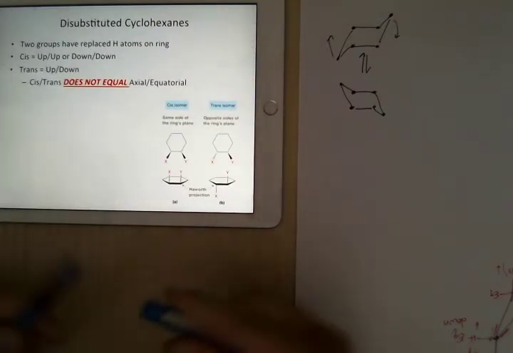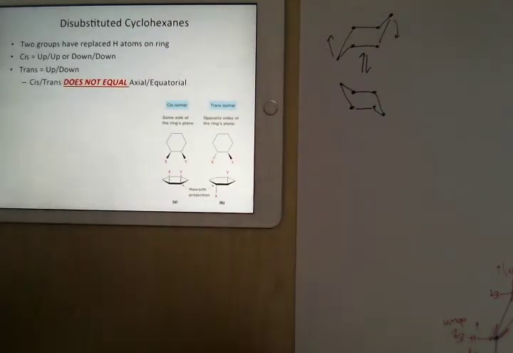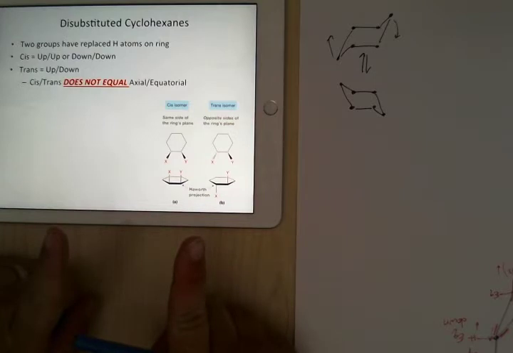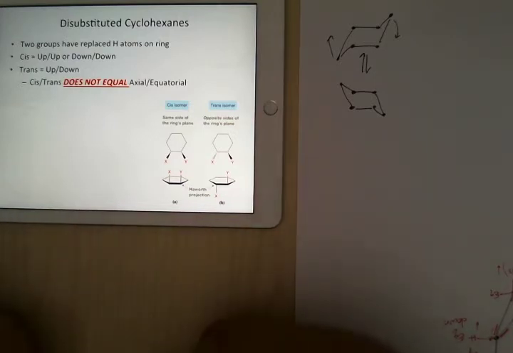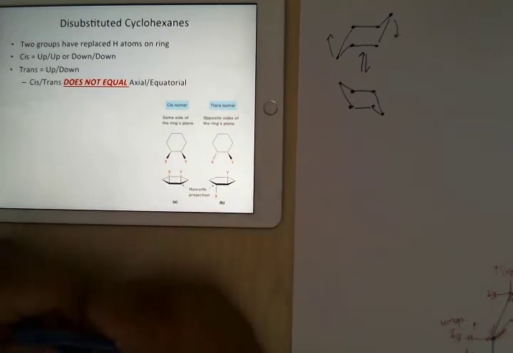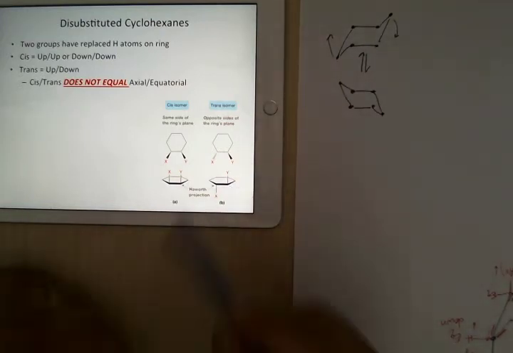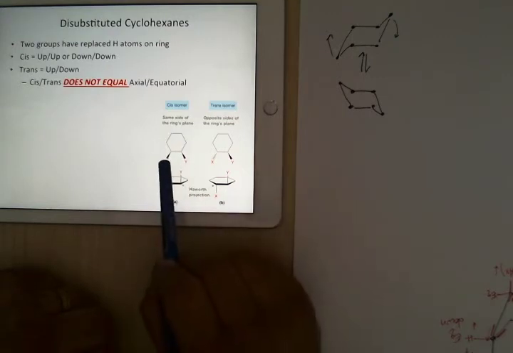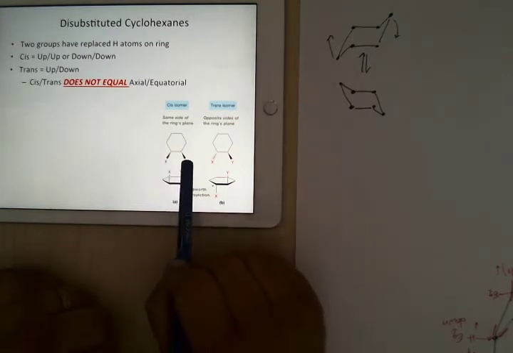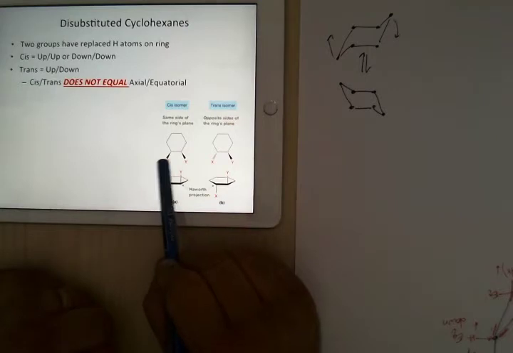Okay, so with di-substituted rings, if the groups are pointed in the same direction, so it's either up, up, or down, down, we consider that to be cis. If there's one up, one down, they're going to be trans. Here they're both wedges, so that's both up, and that would be cis.